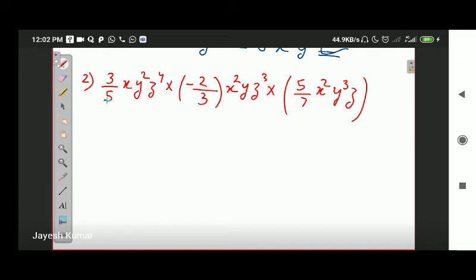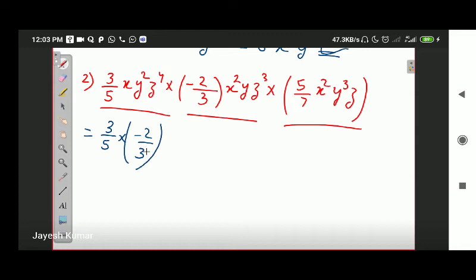These are 3 monomials. So first of all we repeat the same procedure. We will separate the constant part. This is 3 upon 5 into minus 2 upon 3. We put them in brackets so that we understand we are not going to subtract them, we are going to multiply the numbers. And next is 5 upon 7.